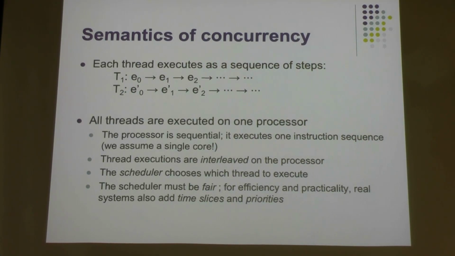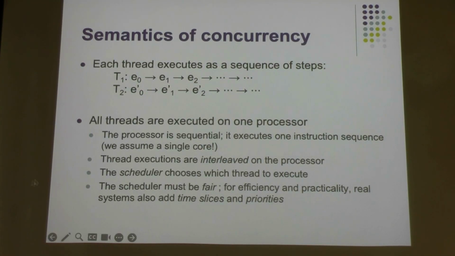So how is this implemented? There is a part of the system called the scheduler, which at every step actually chooses which thread to execute. So the scheduler has a lot of power, right? It can choose which thread to execute at every instruction. All concurrent systems work like this, and they all have a scheduler.